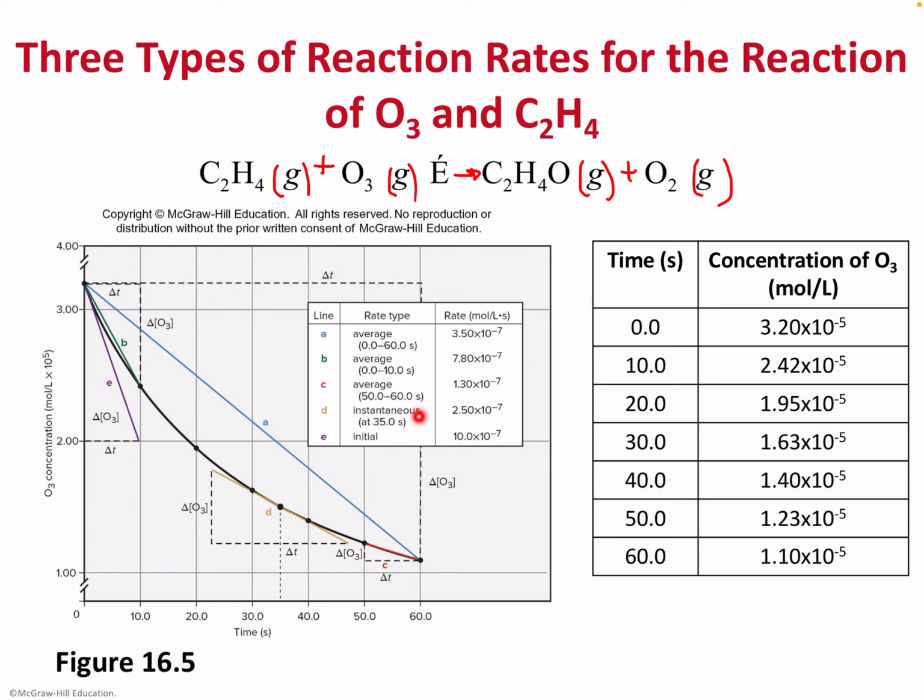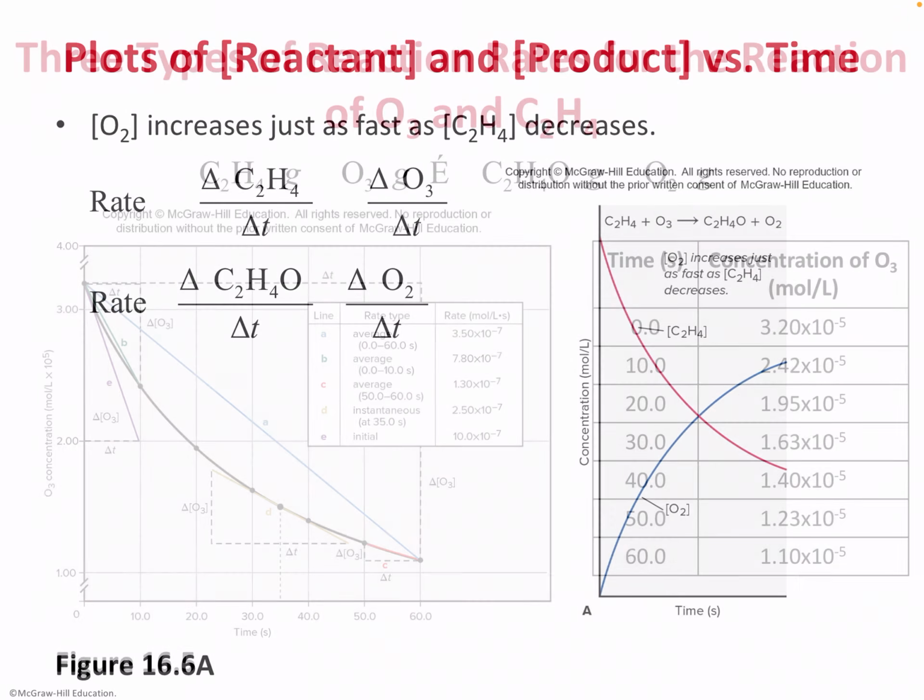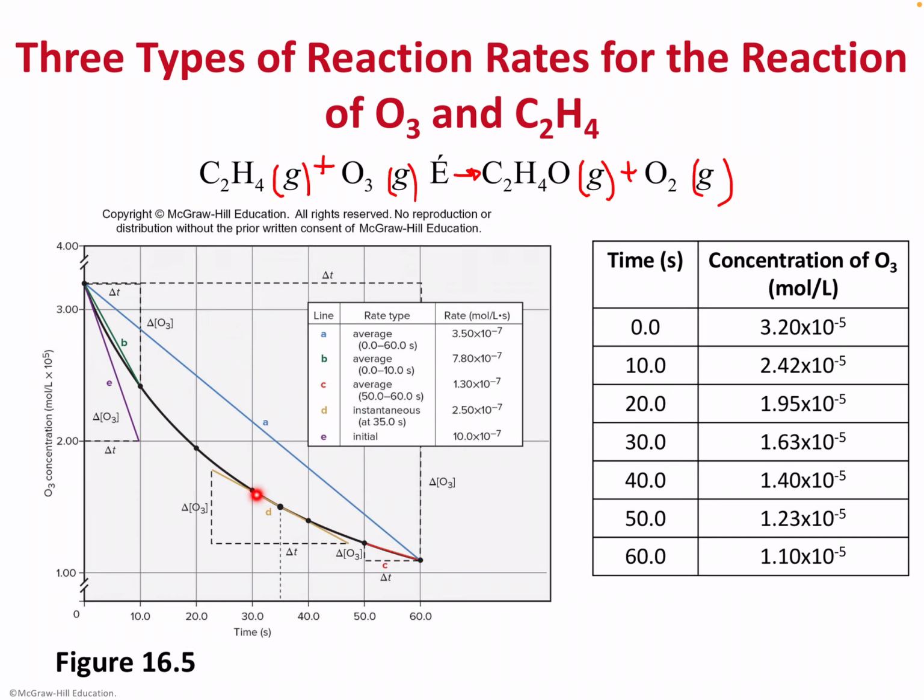That is the second type. Average rate, instantaneous rate, or the initial rate. Initial rate is calculated here at the very beginning. As soon as you mix the reactants, what is the rate of the reaction? So this is A and this is B, this is C, this is D, and then E over here is the initial rate.